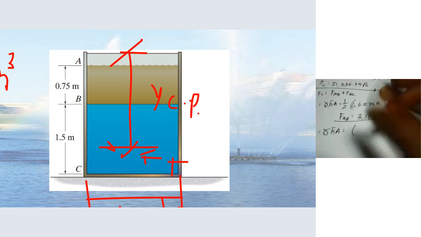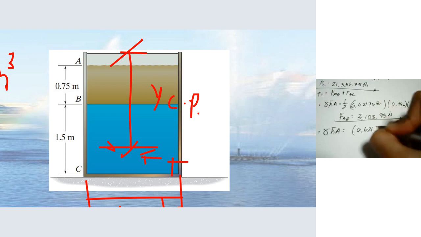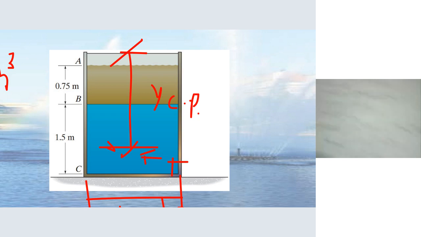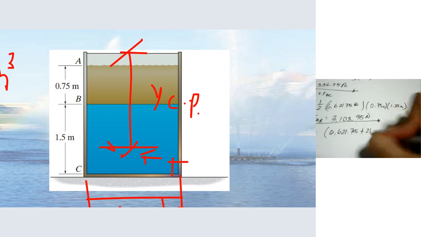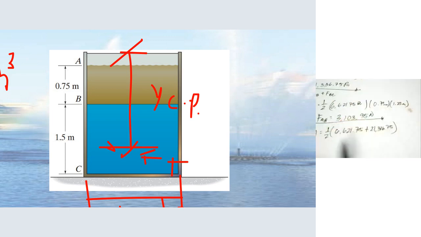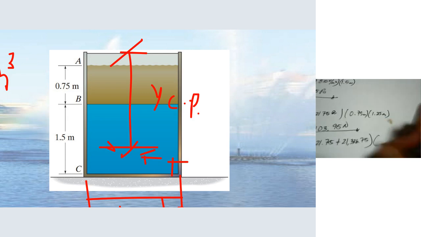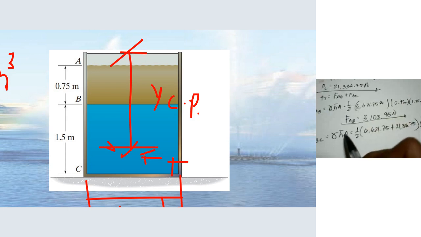So we have 6,621.75 plus 21,336.75. And then we'll multiply again 1/2. Okay? And then we'll have to multiply the area.